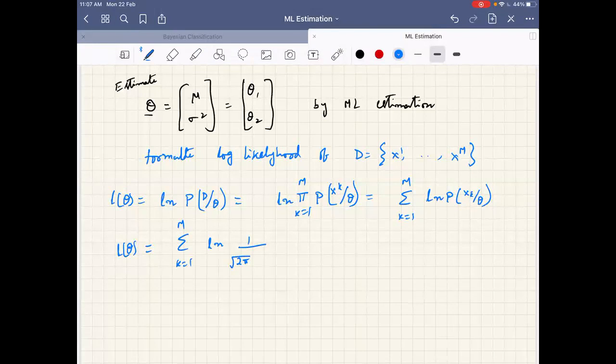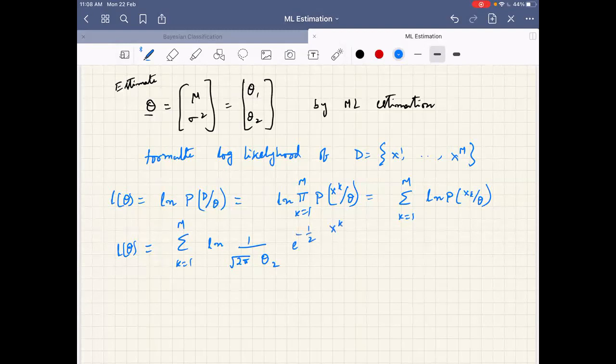In 1D, let us write, so let there be one feature. You should tell quickly. Here, theta 2 is sigma square. So I want to write the likelihood in terms of theta 1 and theta 2. So what should I write here? Is whatever I am writing here correct?